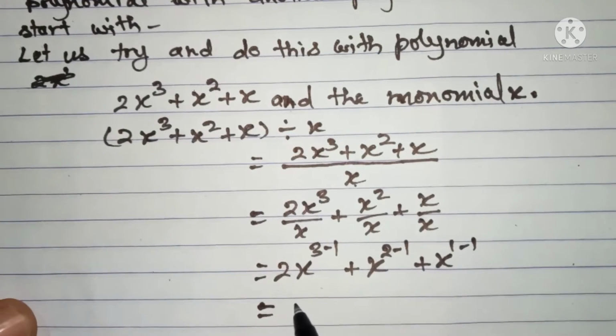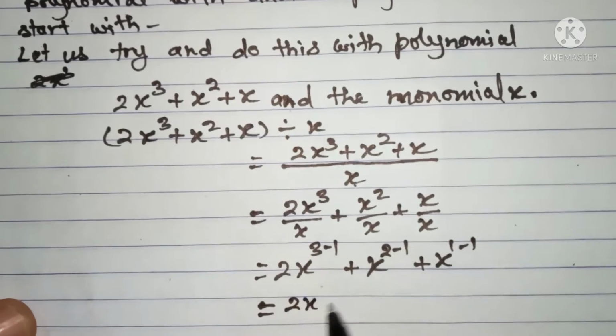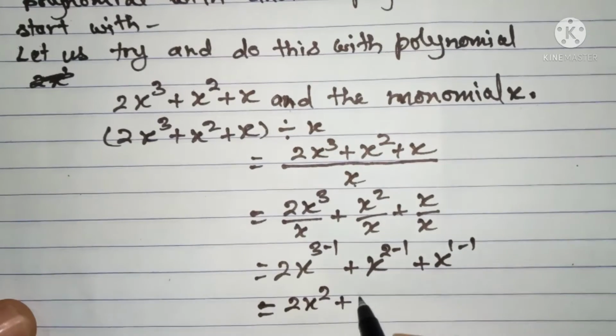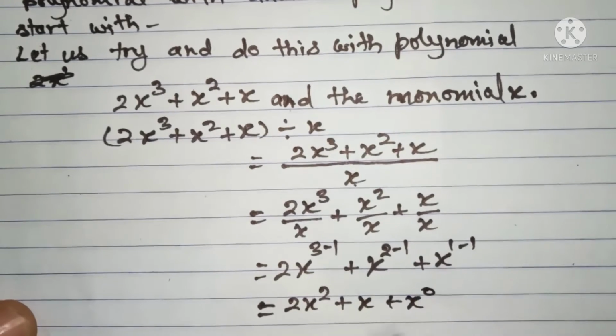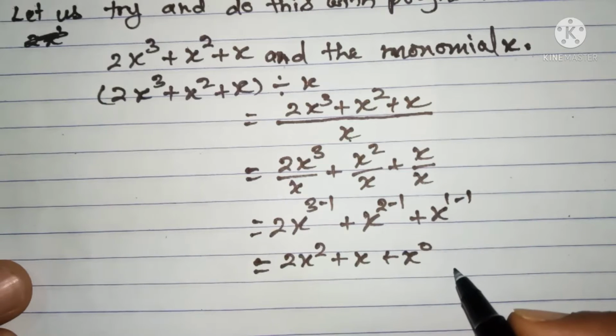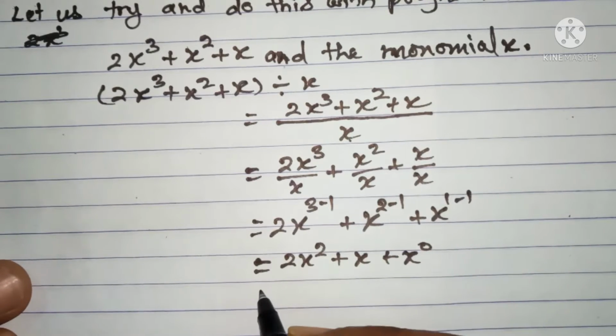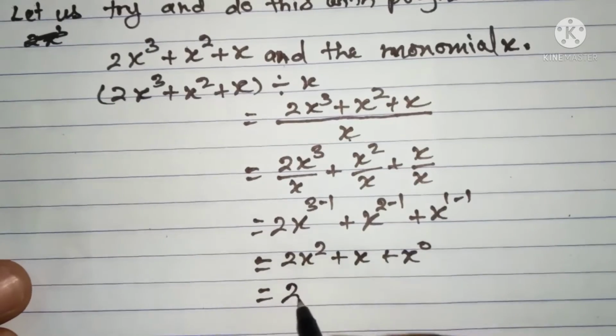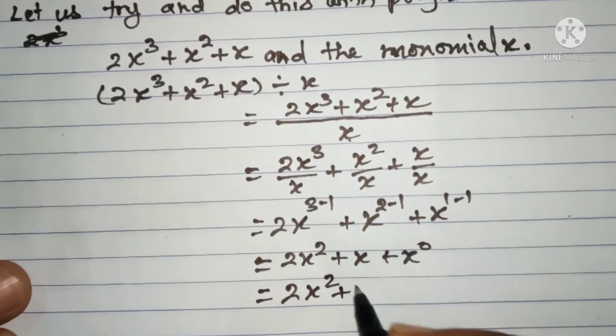Again we can write it as 2x to the power 2 plus x to the power 1 plus x to the power 0. And we know that x to the power 0 is always equal to 1. So this will be 2x square plus x plus 1.